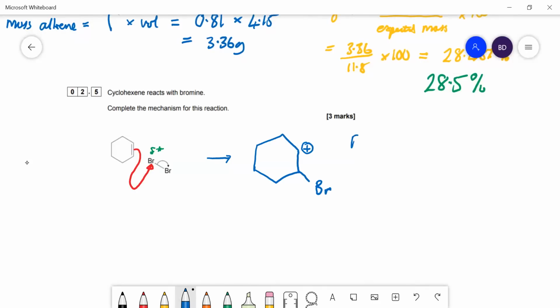The final step in the mechanism is for that bromine there to come off as a Br minus. You draw one of the lone pairs, and that lone pair then goes on to the carbon there with a positive charge on it to form the final product, which is 1,2-dibromocyclohexane.